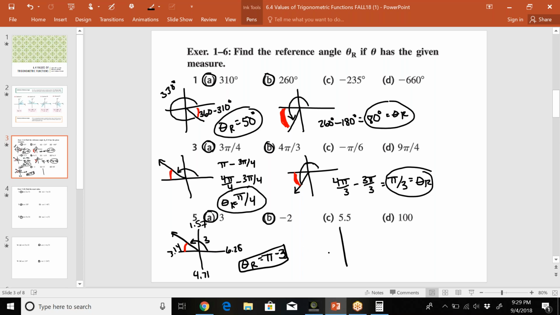And then if we're doing -2, that's going to be a little different because, remember, we go clockwise for negative angles. Notice that a 2 would put you in quad 2. If we're going the opposite direction, it's going to put us in quad 3 because it would be the same measurement but the opposite direction. So this would be -2, essentially.